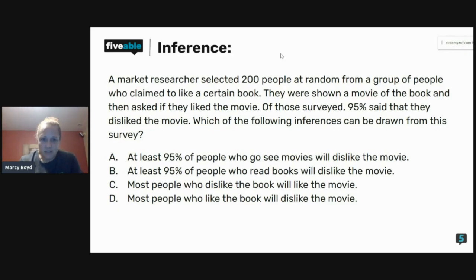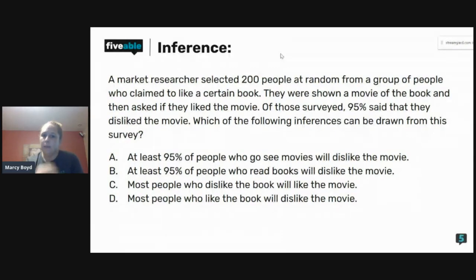At least 95% of people who read books will dislike the movie. Maybe a little closer. Most people who dislike the book, we weren't told anything about who disliked the book. We only have 200 people that like it. So the very last one is, I think, the best worded correct answer. Most people who like the book, that's the 200 people we had, will dislike the movie. I think the word most is probably encompassing of 95%.